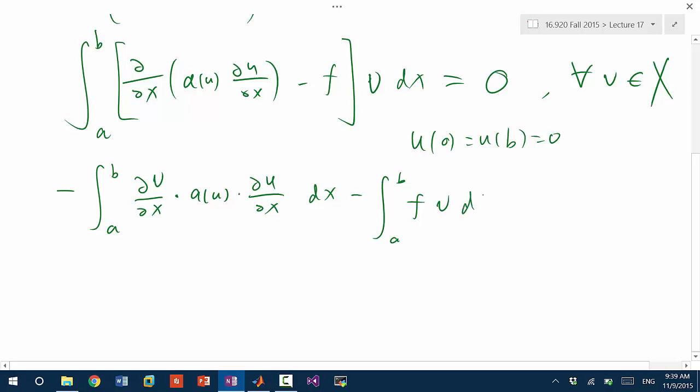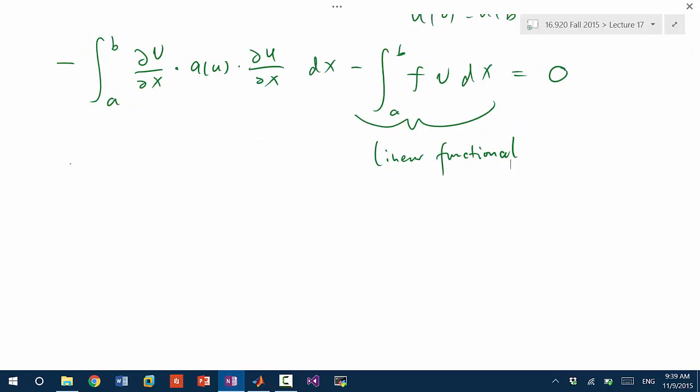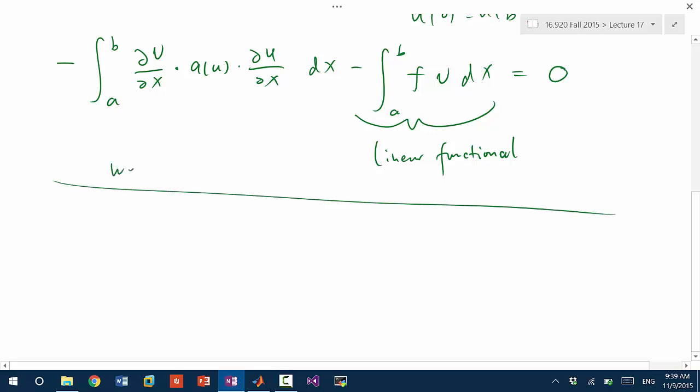It is still our linear functional is equal to 0. So this part is still our linear functional, right? But this part is more complex. We do the same thing. So this is the weak form. This is our weak form.